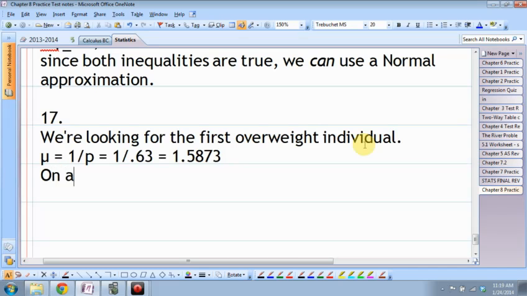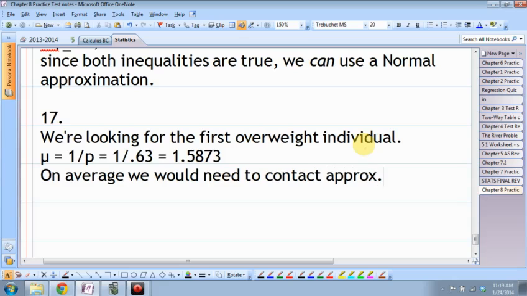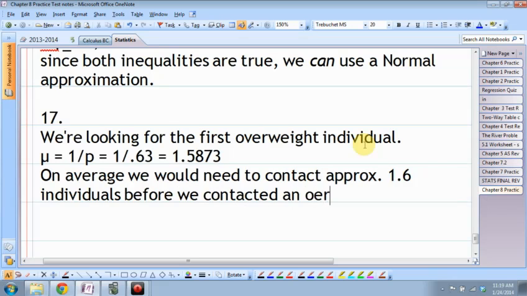On average, we would need to contact approximately 1.6 individuals before we contacted an overweight individual. Is that because 0.6 of an overweight person would be the size of a non-overweight? No, this is an average.